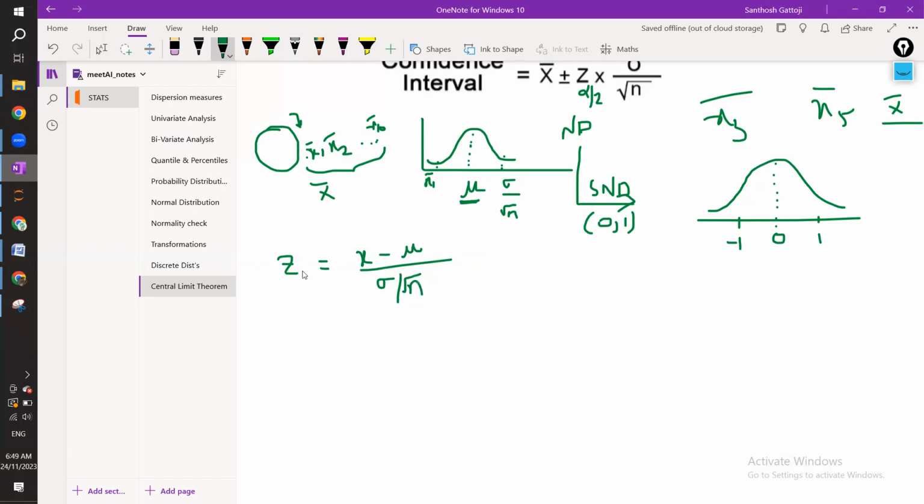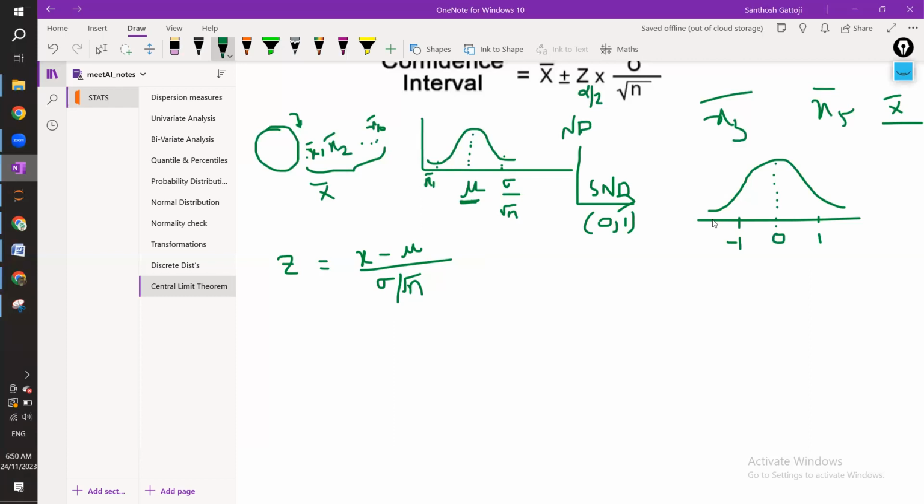For each and every value, if you apply this formula, all these values will be converted to corresponding standard normal distribution values.